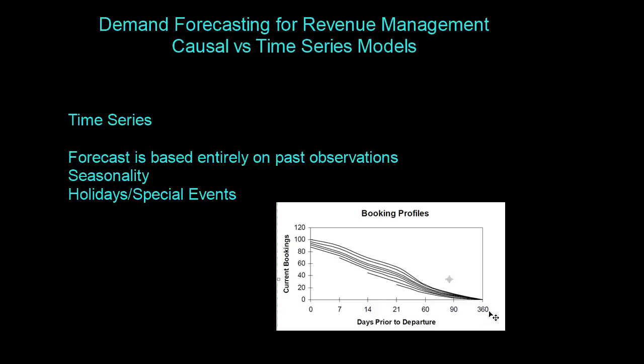So almost a year prior to departure, when the flight first goes on sale, the bookings for that flight are going to start out at 0. So the booking profile always starts at 0. And as you get closer to departure, the bookings start to grow. And as you get closer and closer, of course, the flight will fill to its final demand, whether that's the capacity of the airplane or not.